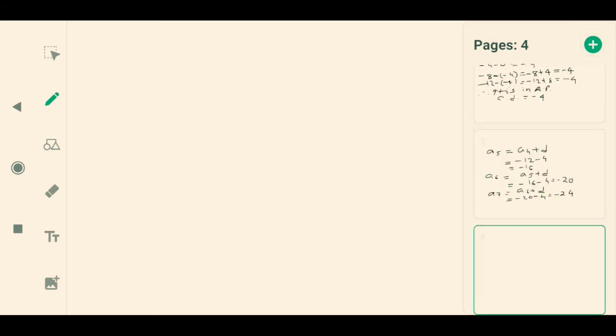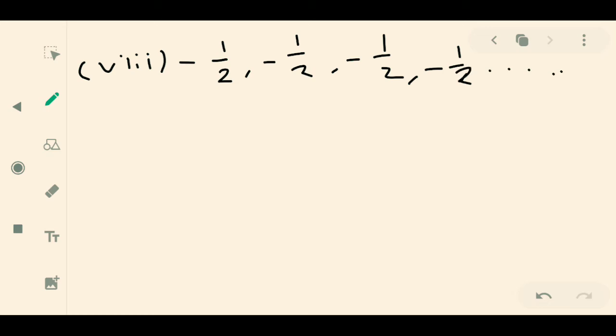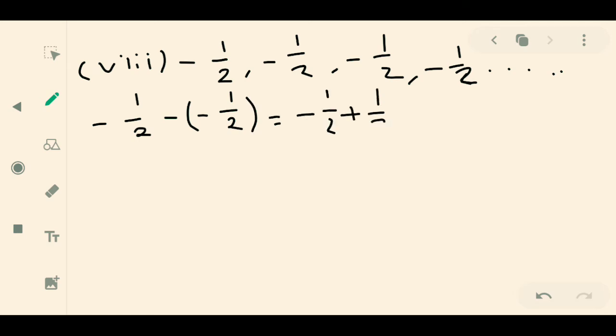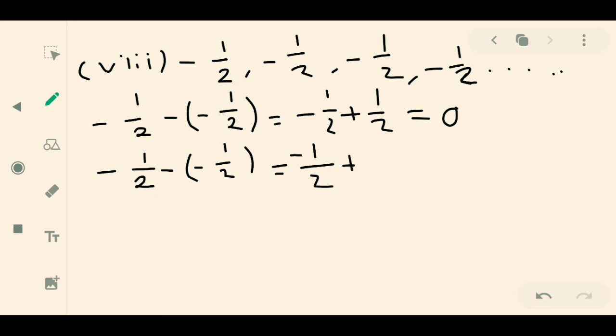Number 8. Okay, number 8 I'll also do, because here the CD will be 0: minus half, minus half, minus half, minus half, and it is going on. So minus half minus minus half, that means minus half plus half, it is 0. Then third minus second, this one is similar, 0.